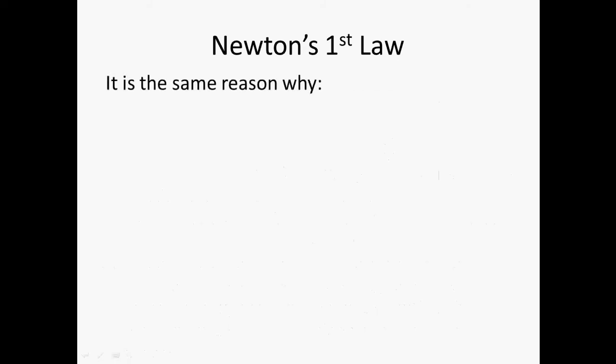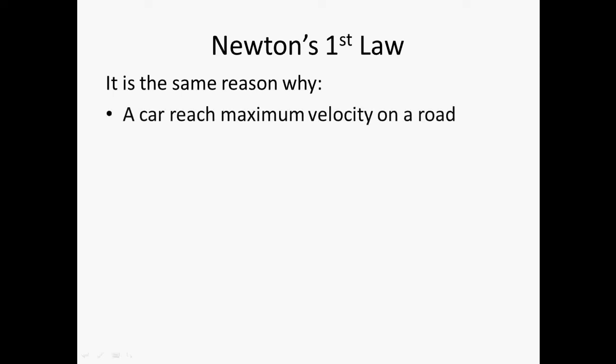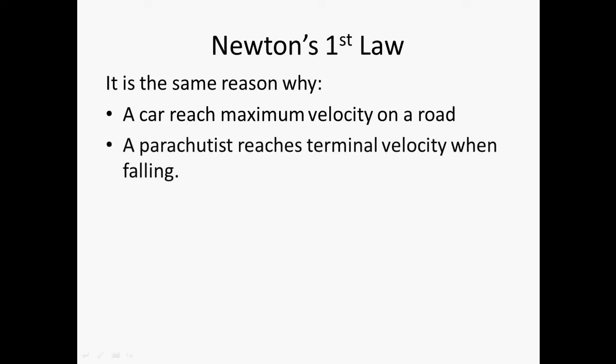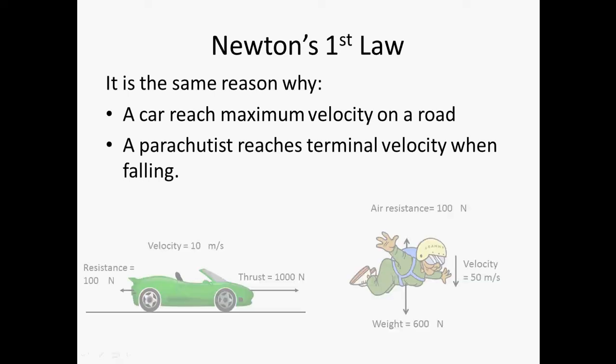Now, this is also the reason why we observe a lot of things every day in our life, but we do not know that this is actually Newton's first law taking place. A car that can reach maximum velocity on the road is actually Newton's first law kicking in, or a parachutist falling at terminal velocity when skydiving.